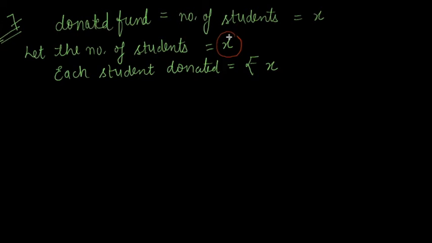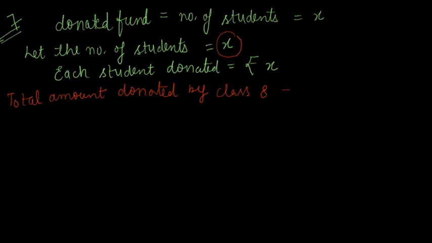And it is given that the total amount donated by class 8 students is rupees, how much is it given? 2401, right? So if you have x number of students and each student donated x rupees, what will be the total amount?